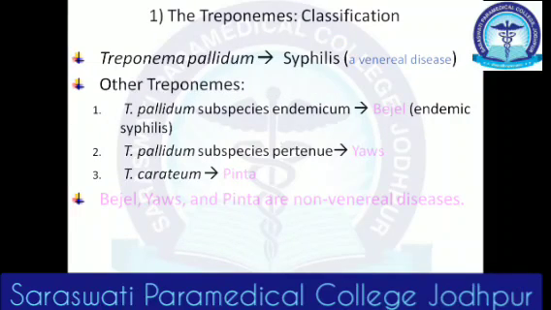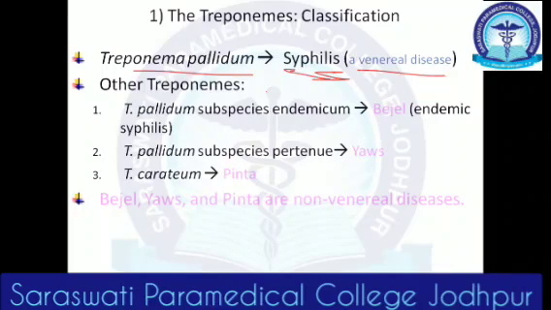Now if we go through the classification scheme, we can see Treponema pallidum, which is the causative agent of syphilis, as we know. Syphilis is a venereal disease. This is also among the sexually transmitted diseases, and this disease is really dangerous, because it does not set in spontaneously. It needs time, it needs an incubation period in your body.